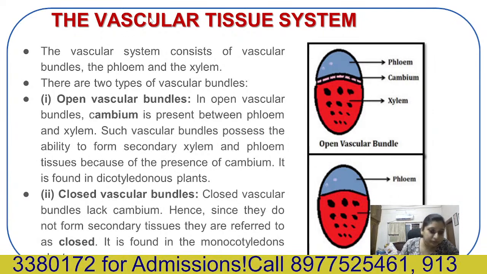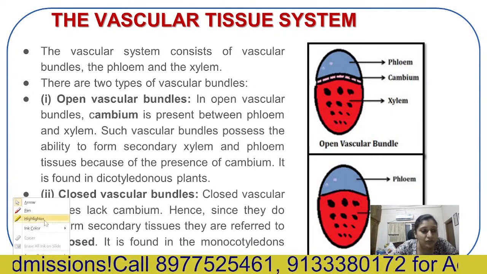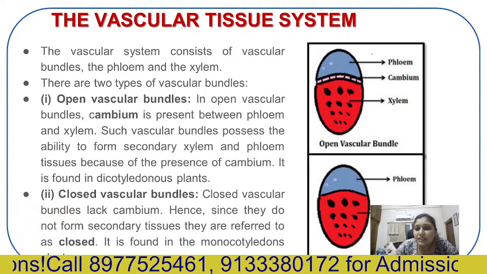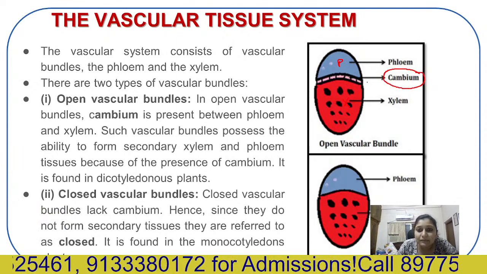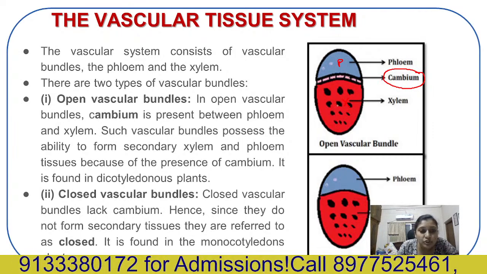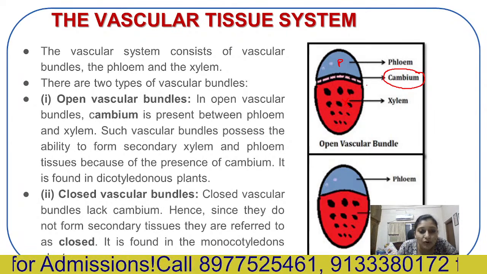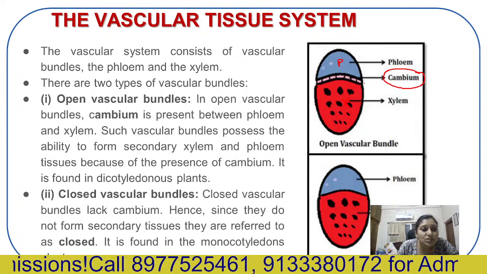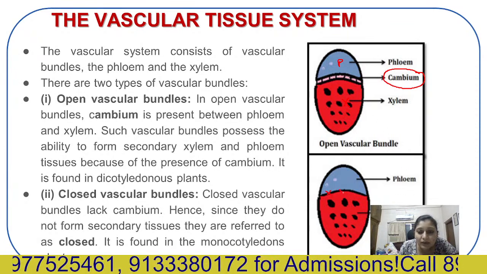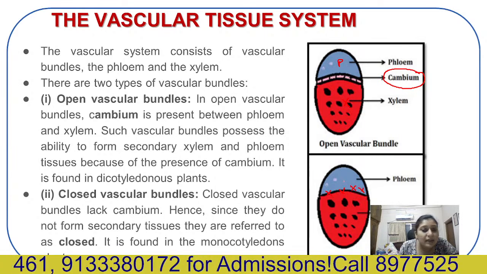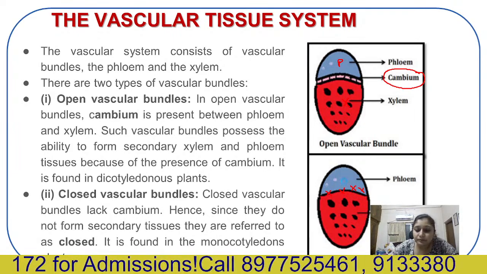Look here, in an open vascular bundle, a cambium ring is present between the phloem and xylem, which is responsible for the secondary growth of the root or stem. So this is called an open vascular bundle. In the closed type, there is no cambium ring, that's why it is called closed and it is not open for secondary growth.